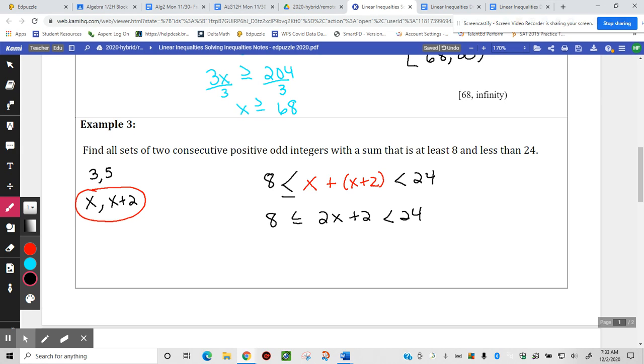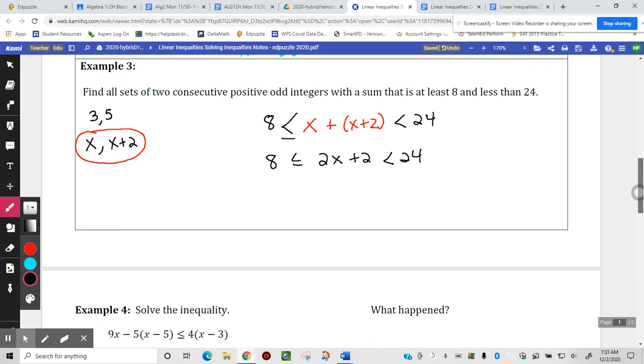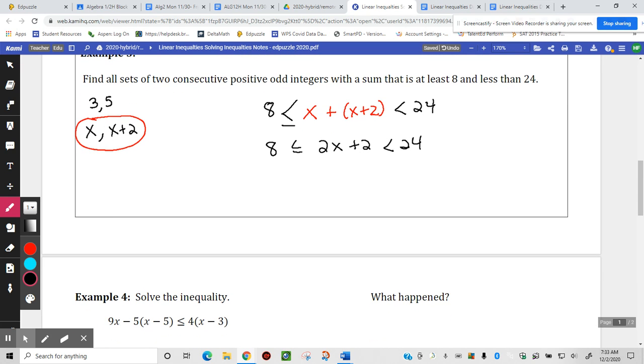If you've been in class, you've seen this. This is a compound inequality. And all it means is that this has to be true for both parts. So 8 has to be less than or equal to 2x plus 2, and 2x plus 2 is less than 24.